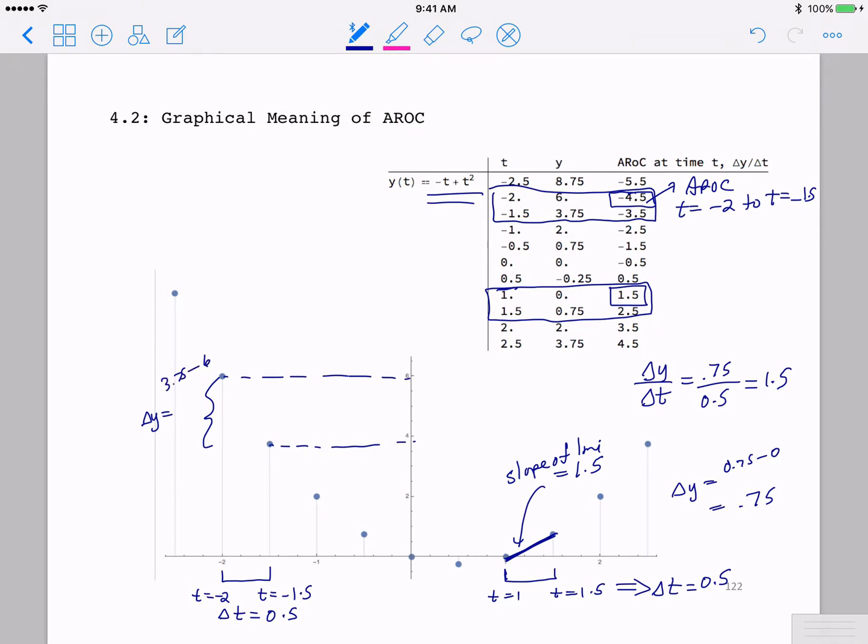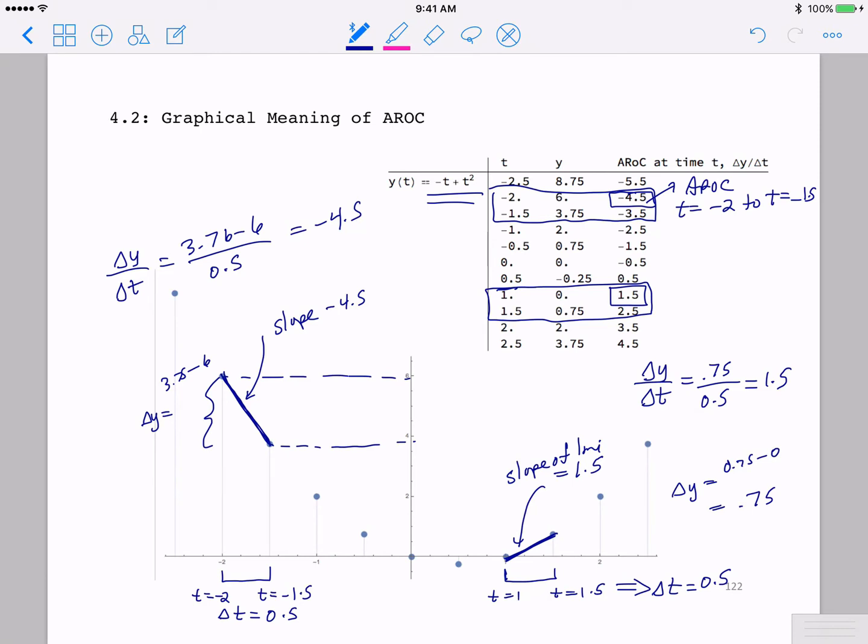If you divide delta y by delta t, 3.75 minus 6 divided by 0.5, the answer you'll get is negative 4.5. That negative 4.5 tells you that there is a line between these two points that has slope negative 4.5.